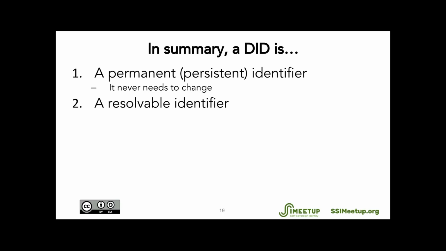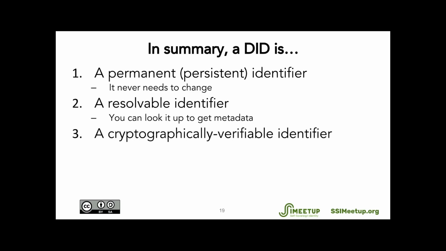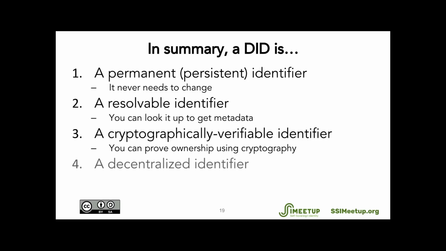It's a resolvable identifier, meaning you can actually go look it up on the target blockchain or system to get the metadata, the DID document, and that's where you're going to find the associated public key. Thirdly, it's cryptographically verifiable that you own and control it, as I was just explaining, using public-private key cryptography. And lastly, it's decentralized. You don't need any centralized registration authority.